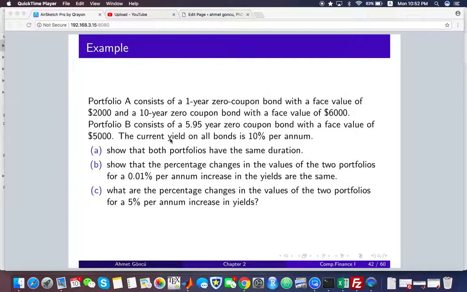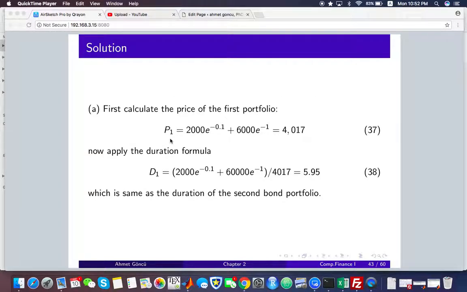First, we can show that both portfolios have the same duration. In order to do this, we will simply calculate the duration and apply the formula. Remember that the first bond in portfolio A is a 1-year zero coupon bond. The face value times e to the power of minus the yield, which is 10%, times 1, which is the time to maturity.